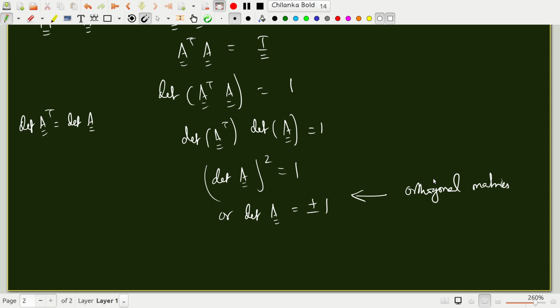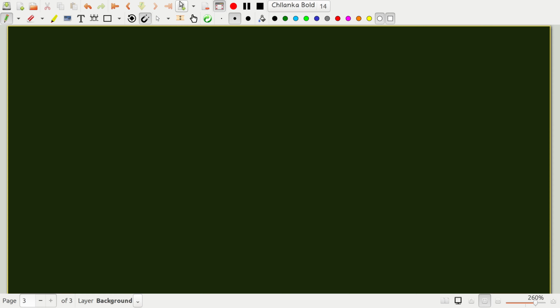Okay, right. Now, another important property of an orthogonal matrix. We have seen at length earlier that a matrix is basically a representation of a linear operator in a given basis.